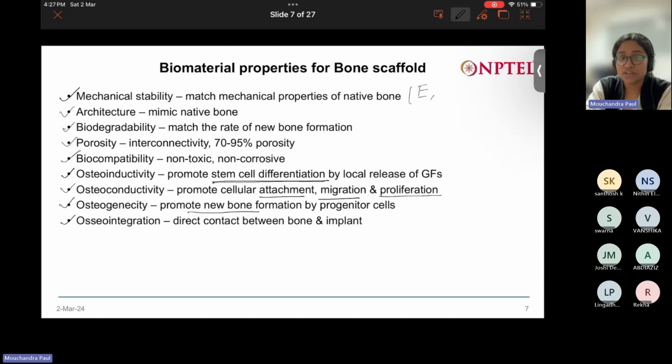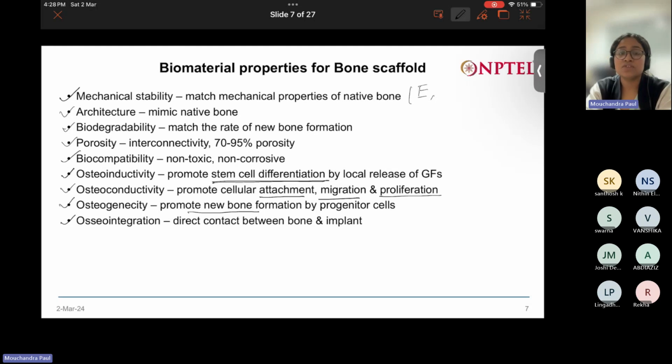Then osteointegration, this is the last thing that you should know. The term osteointegration is not just important for tissue engineered bone scaffolds, but also for implants like stainless steel or titanium implants, because whatever implant goes inside your body and is in direct contact with the bone, they should communicate.